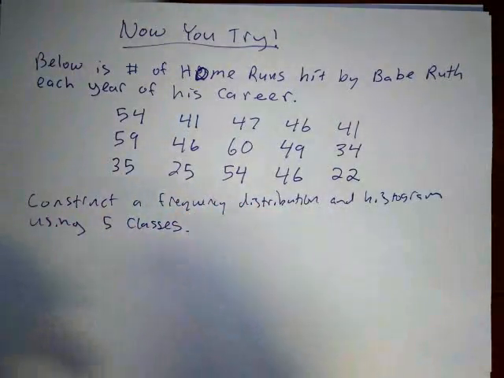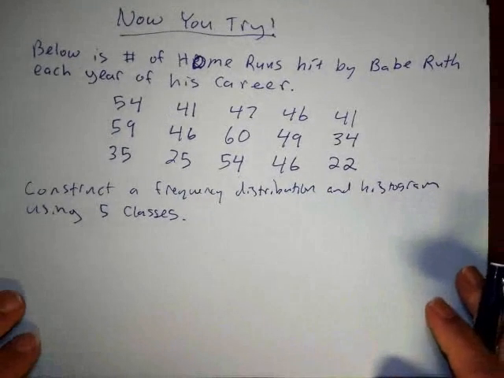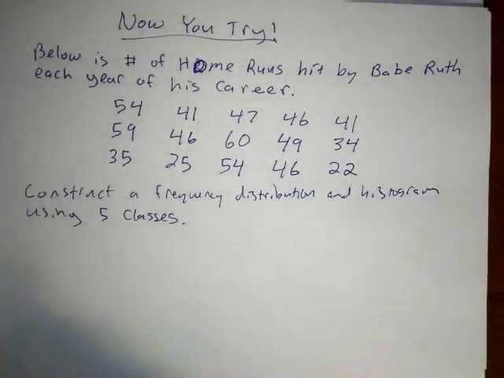Okay, so use the method that we learned in the previous video, and go ahead, give it your best shot. You can pause the video now and see how you do.